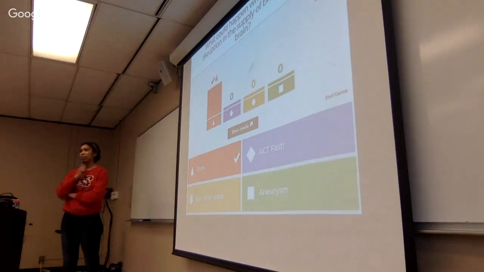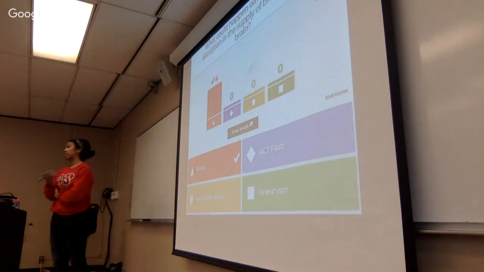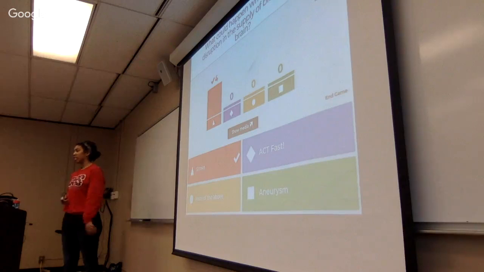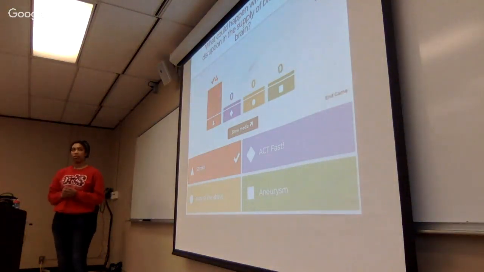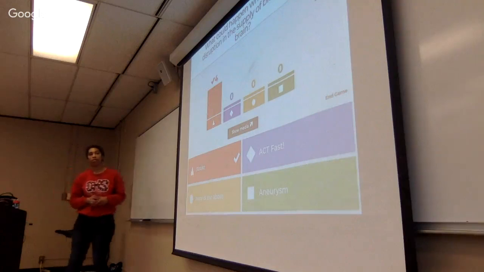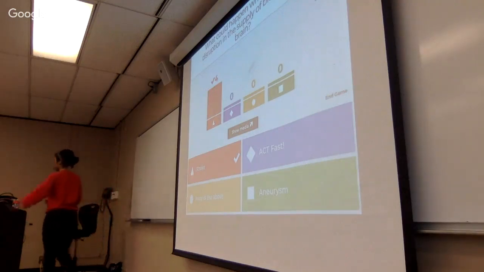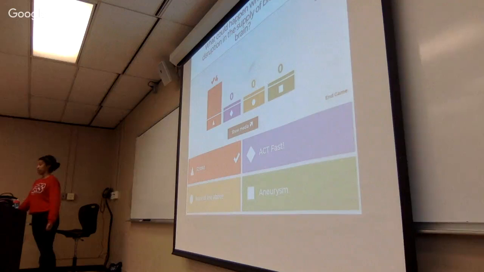If a vessel pops in your kidney, depending on the severity, you could need to have that kidney removed. I'm not sure about other areas in the body, but when it happens in a kidney, that's really bad too. All right, any other questions about aneurysm, strokes, anything like that?